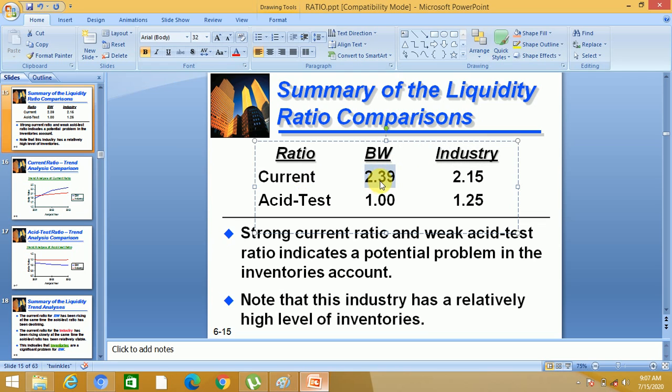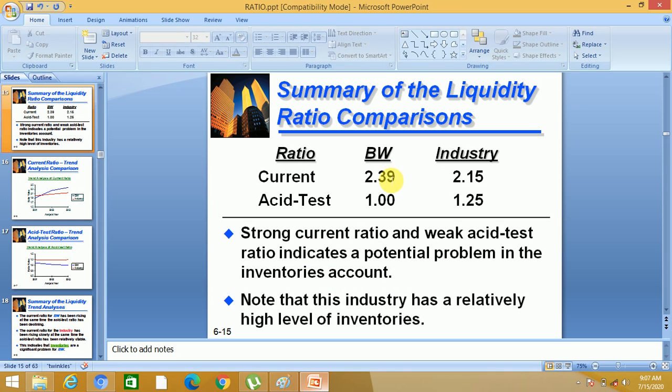In current ratio, inventory was hidden, we didn't deduct it. But here it is now open, we deduct it, and after that we calculate our debt paying ability, so we are below the industry average. So a strong current ratio and weak acid test ratio indicates a potential problem in the inventories account.